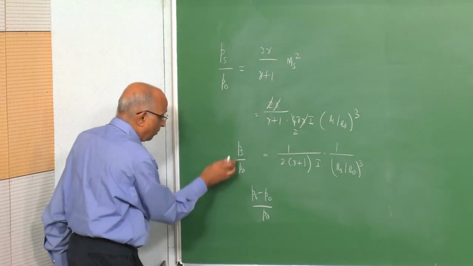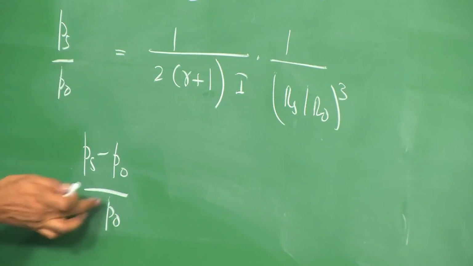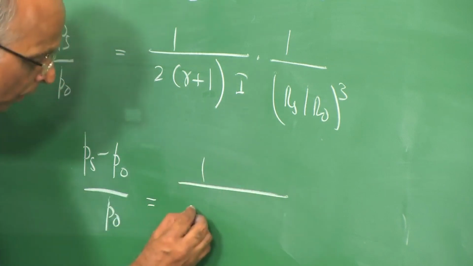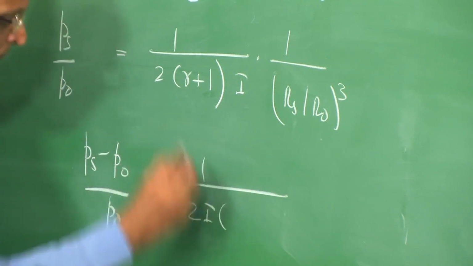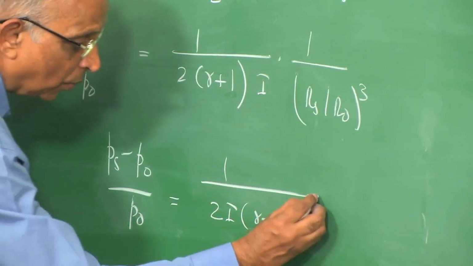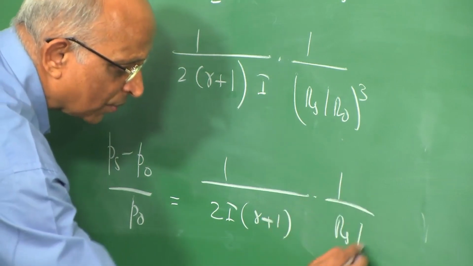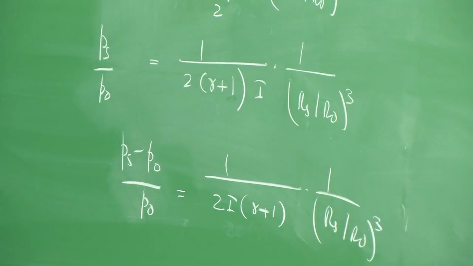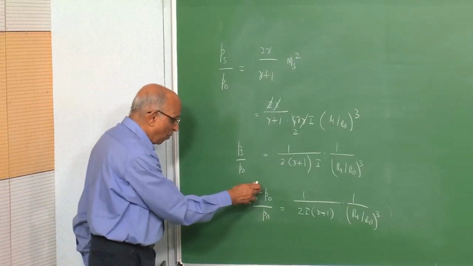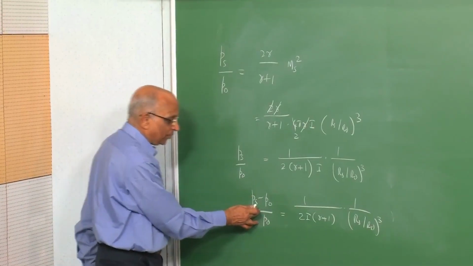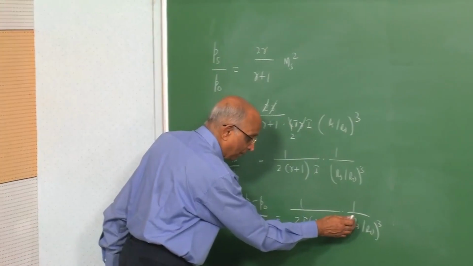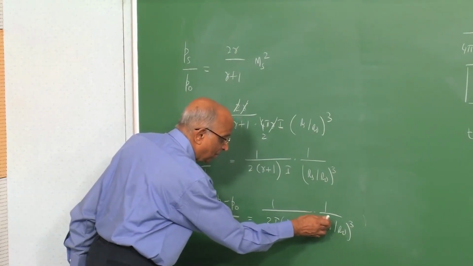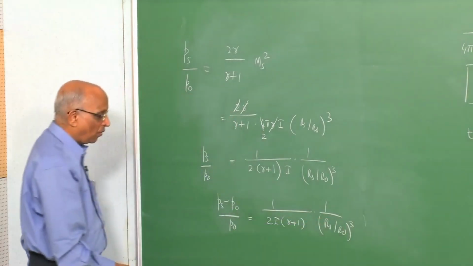That means you have Ps by P naught minus 1, therefore, the value comes out to be 1 over 2I into gamma plus 1 into 1 over Rs by R naught cube. This is the value of the overpressure, and mind you, now we know the dimensionless overpressure as a function of the Sachs distance, or distance divided by the explosion length.